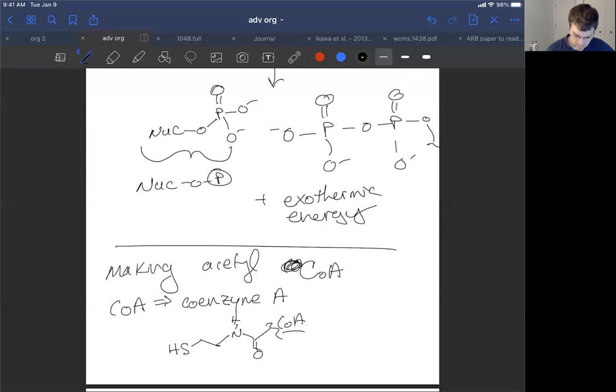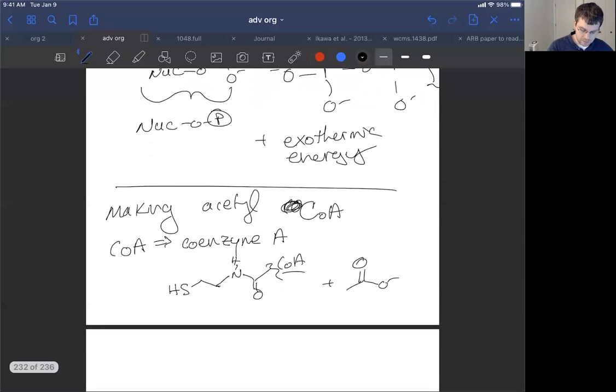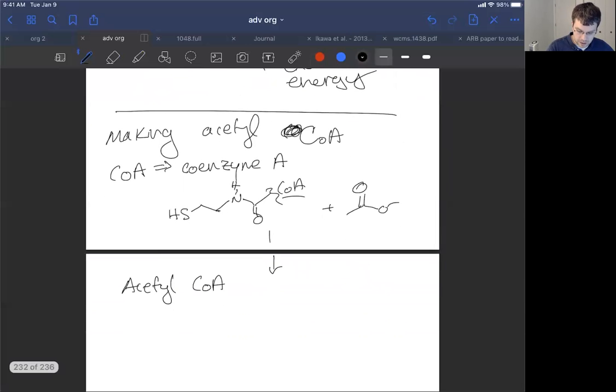Okay, so what we want to do is couple that with acetic acid, drawn as the conjugate base, as acetate. We want to couple these things together to get acetyl-CoA. Now this process is challenging to say the least.